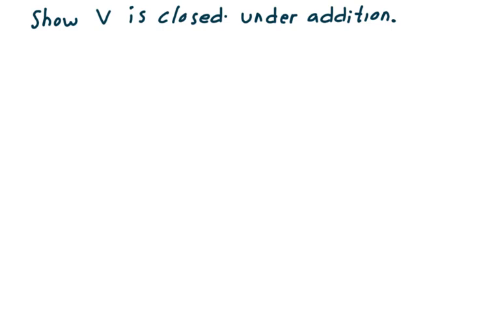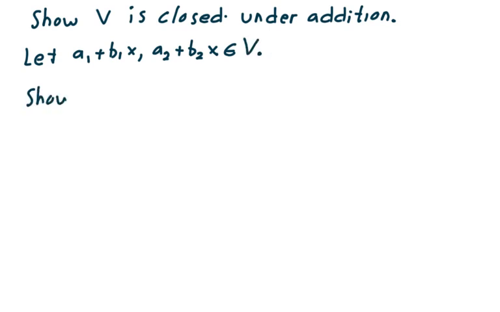Let a1 plus b1x and a2 plus b2x belong to V. I want to show that if I add these up, in other words, if I take a1 plus b1x and add a2 plus b2x, that sum belongs to V. Right now, that's not immediate.